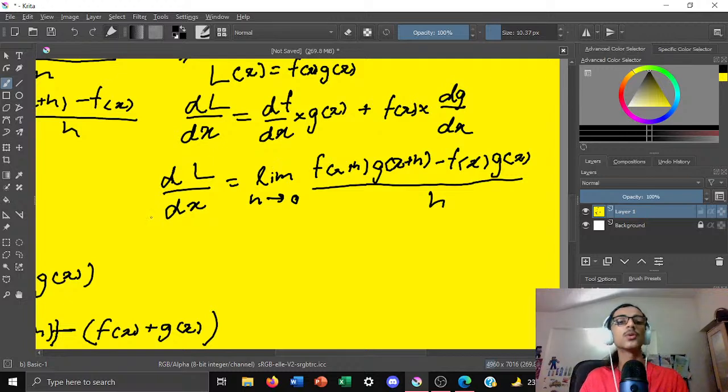So the first step is we're going to split the fraction. Right now it's this and it's that. Let's split it.